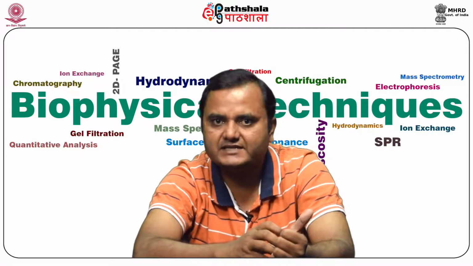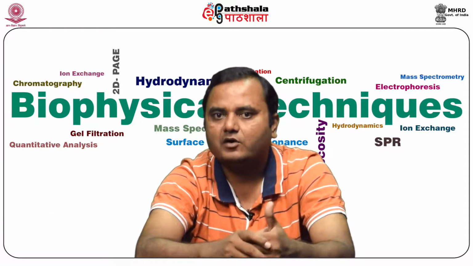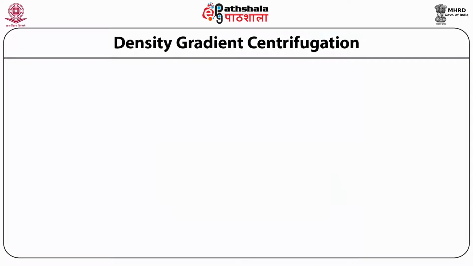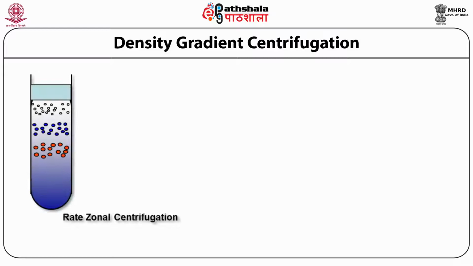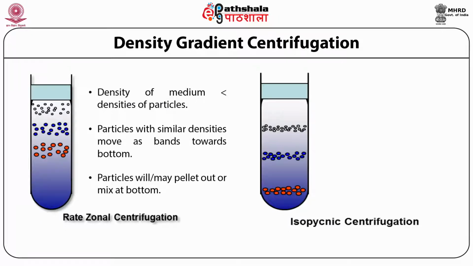The density gradient can be established in a tube either in a rate-zonal or in an isopycnic way. We describe the types of density gradient centrifugation. Generally there are two types: one is rate or zonal centrifugation, and the other is isopycnic centrifugation. In rate or zonal centrifugation, zones of particular density appear in the centrifugation tube.